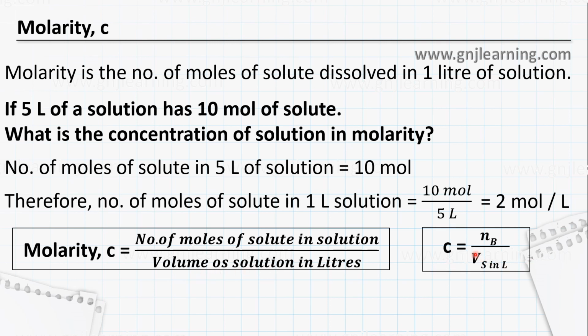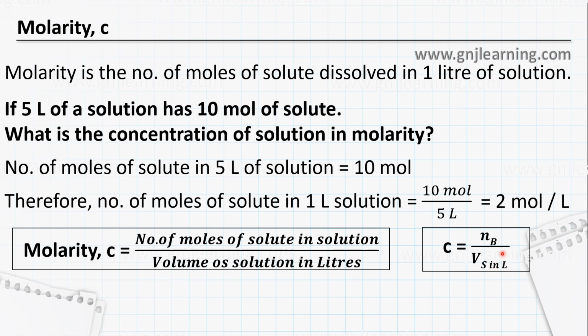So C is equal to N subscript B, the number of moles of solute in the solution, divided by volume represented by capital V of solution, and that must be in liters because the definition is in 1 liter of solution. So I have to use the volume of the solution in liters. So again C is equal to number of moles of solute divided by volume of solution in liters.